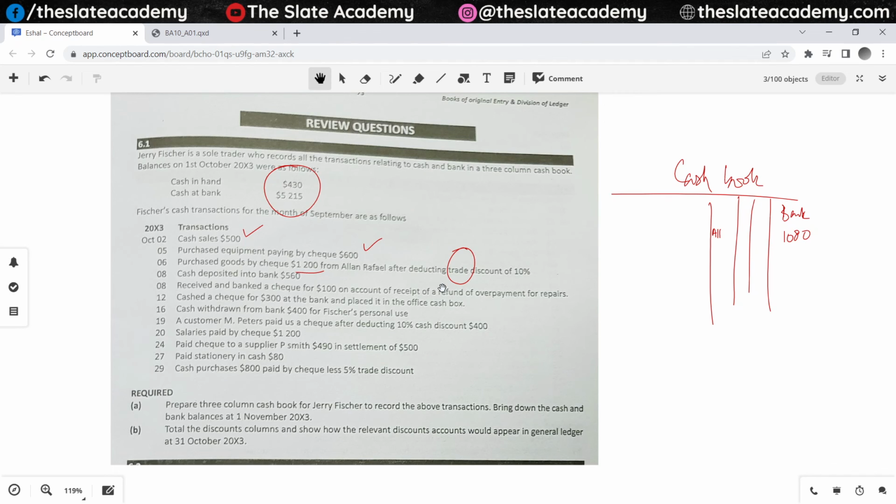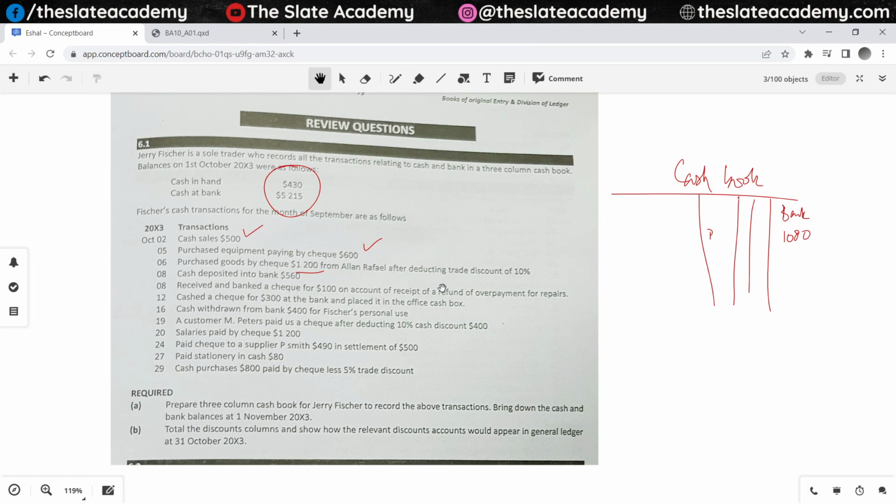1080. And the name of the person, Ellen Raphael. Purchased goods by check. Or instead of person's name, we can write purchases because he wasn't a debtor of the business, right? So we'd simply write purchases over here, and that would be it.